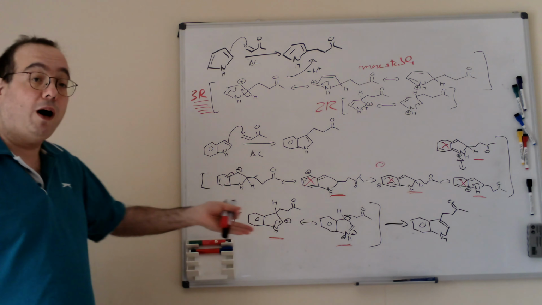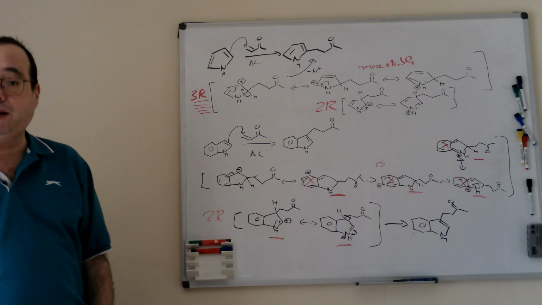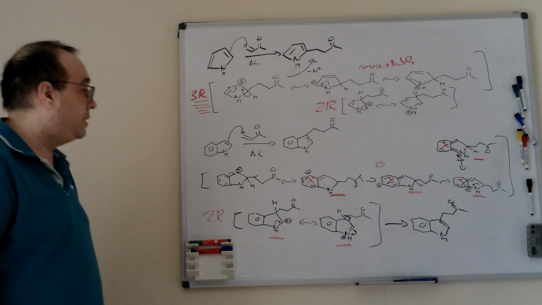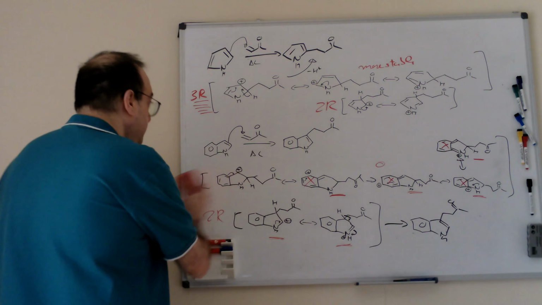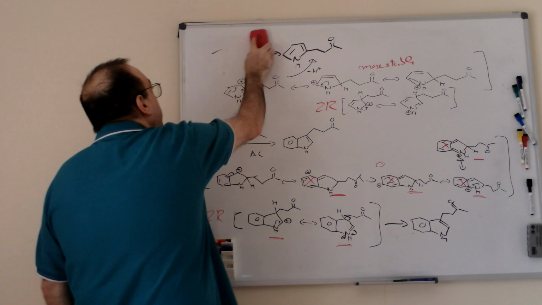This is the reason why indole and pyrrole have different regiochemistry. One is C2, the other is C3. Okay? Good. Then we can go for the next one.